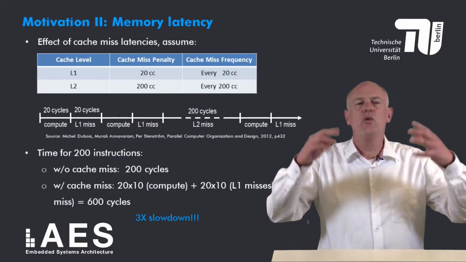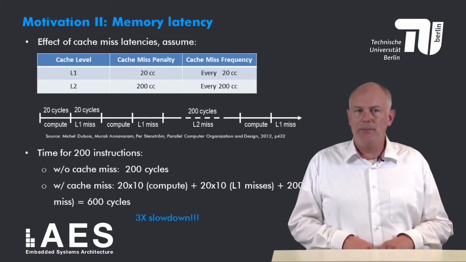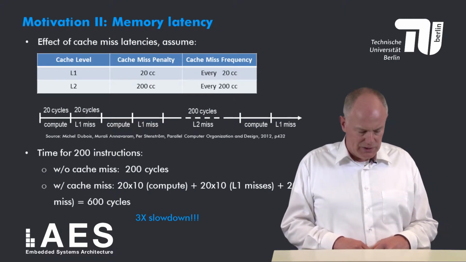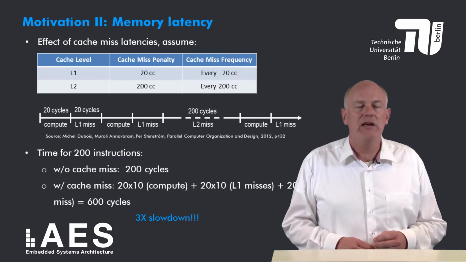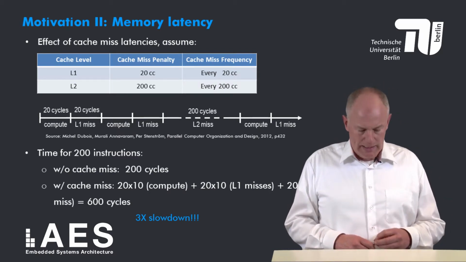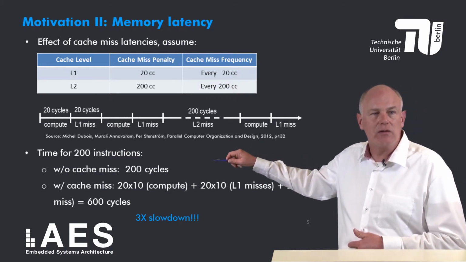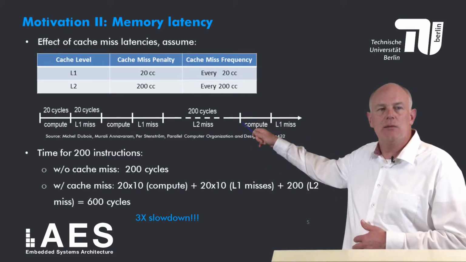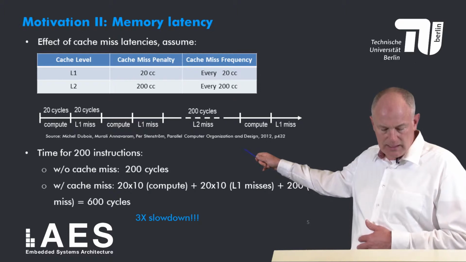Let's now try to estimate, using these assumptions, how much time it will require to execute 200 instructions on average. Of course, if we have a baseline CPI of 1, without cache misses, we would require 200 cycles. And this time diagram shows that under these assumptions, we will require 600 clock cycles.